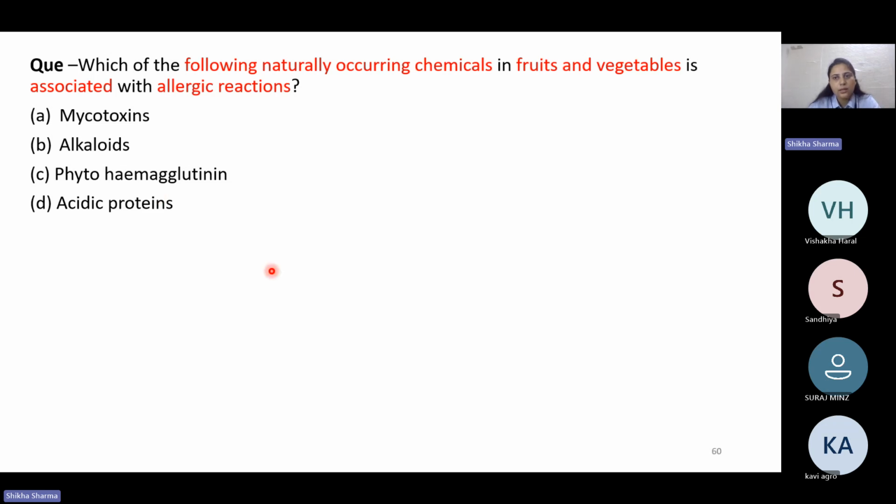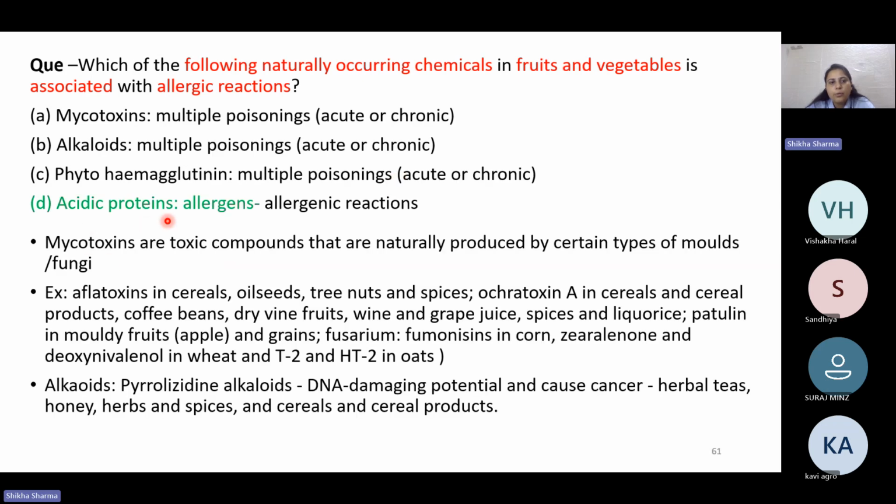Suraj says B, alkaloids. Okay, let's see. The answer is D, acidic proteins.